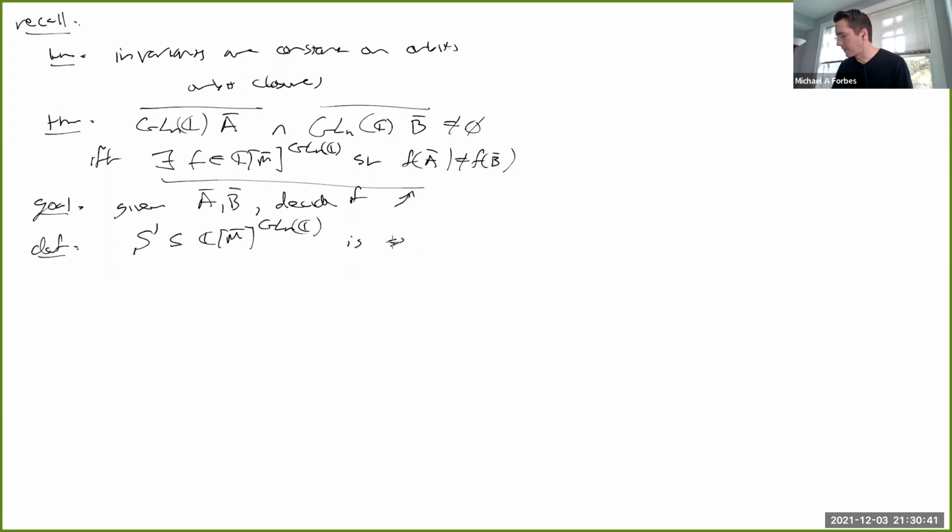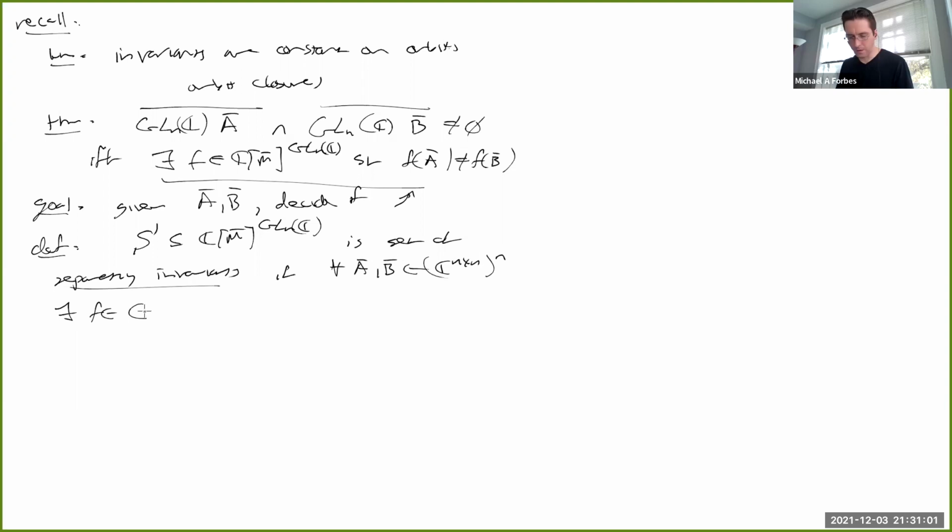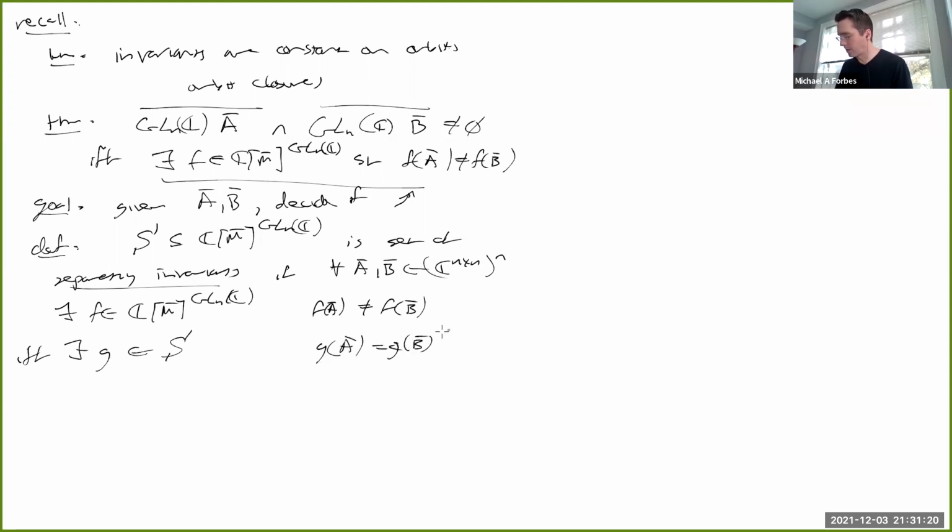We'll call this a set of separating invariants if, for all tuples A and B of n by n matrices, there exists an F in the entire ring of invariants that separates A and B, in the sense that F of A is different than F of B, if and only if there exists a G in our smaller set of separating invariants that also separates A and B.